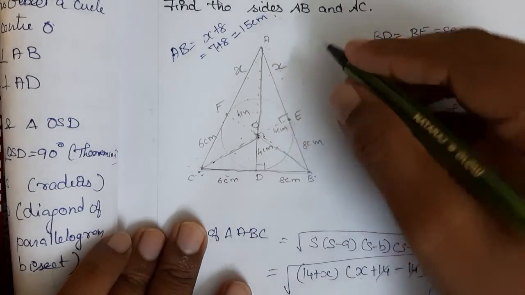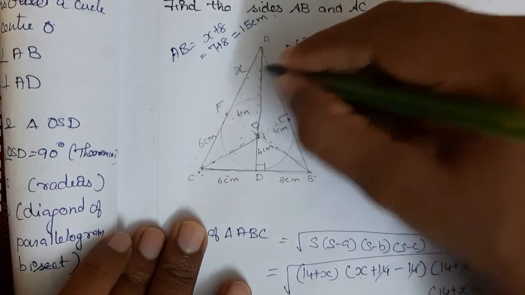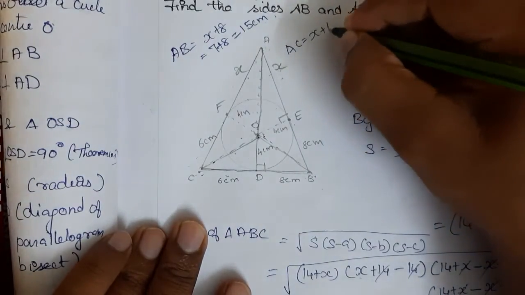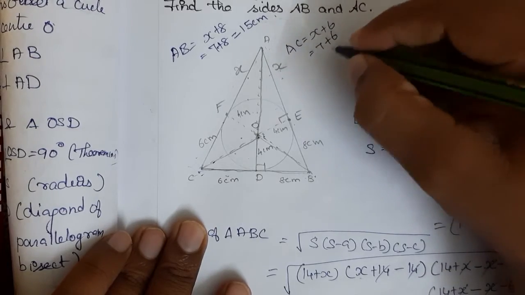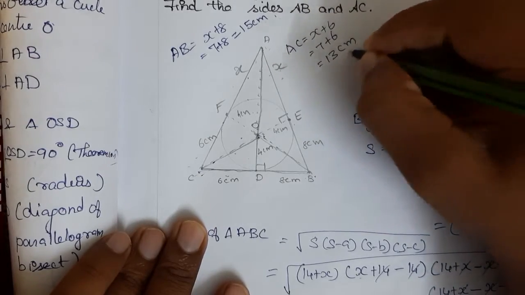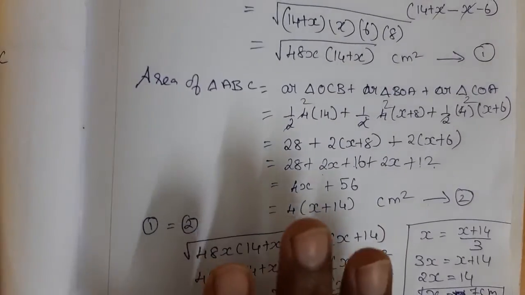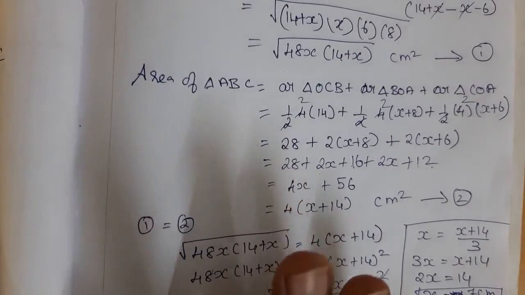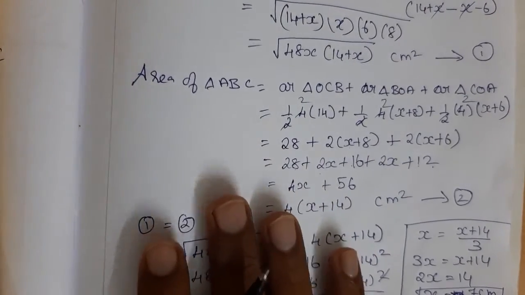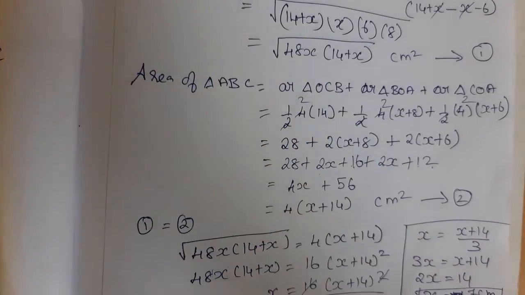So next one is AC. So AC is equal to x plus 6. So x is 7, 7 plus 6 is equal to 13 centimeter. That's clear. So here we are using Heron's formula and the normal altitude and base formula of area of triangle, we compared and we have found the value for x.